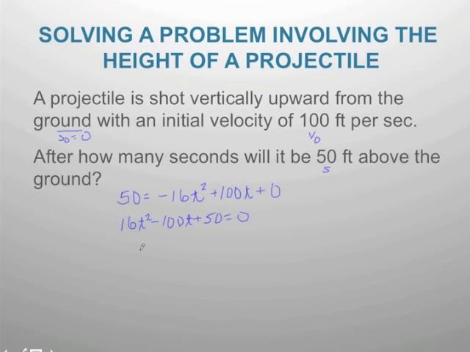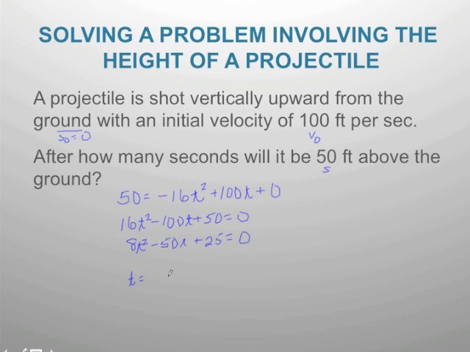To work with smaller numbers, I'm going to divide everything by 2, and I'll have 8t squared minus 50t plus 25 equals 0. I really don't think this will factor at all, so I'm just going to go ahead and use the quadratic formula.